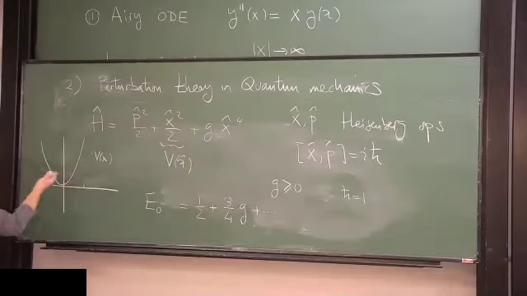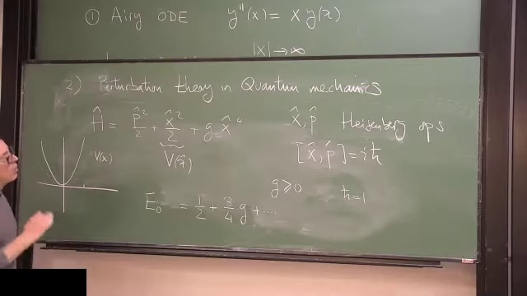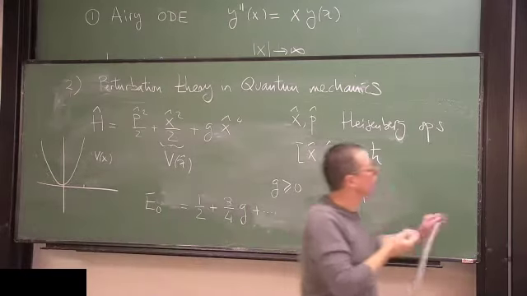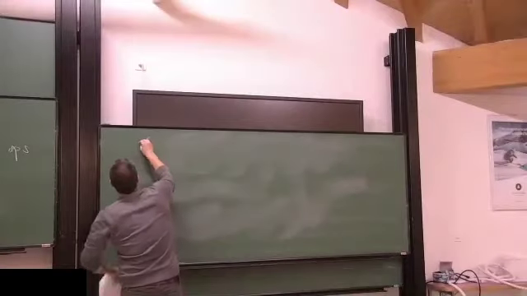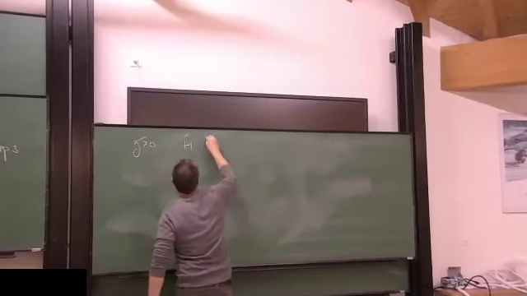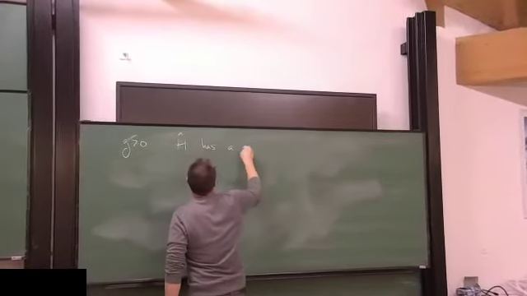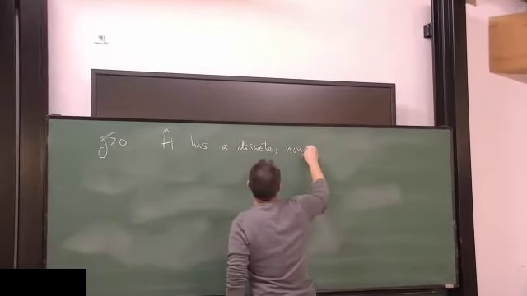So a classical particle in this potential cannot actually go away. So this is a confining potential. We know, I mean, it's actually a rigorous result in quantum mechanics that if g is positive, then H has a discrete non-degenerate spectrum.